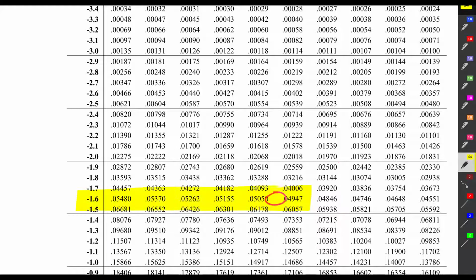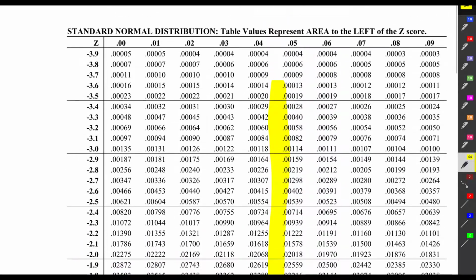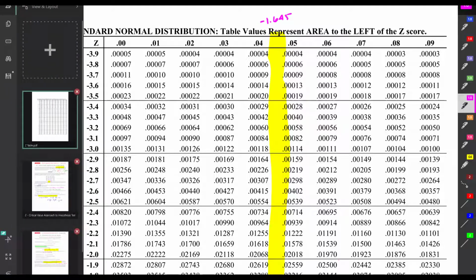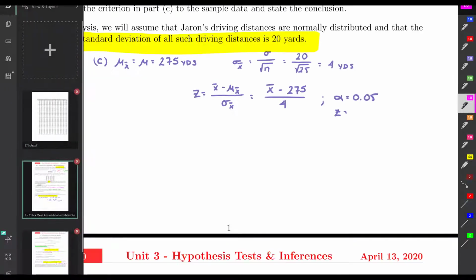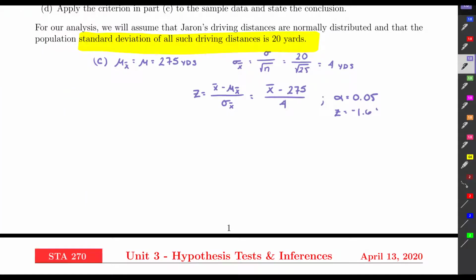So that's going to be negative 1.6. We scroll on up. Negative 1.6 between 0.04 and 0.05. So we would get a z-score of negative 1.645. And that is our critical value for this test statistic. So we have z is negative 1.645.